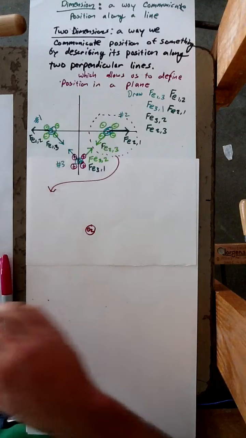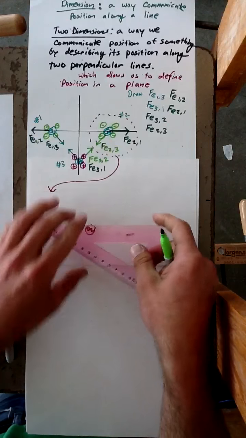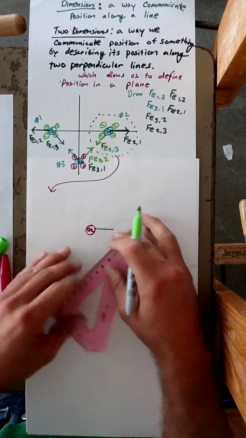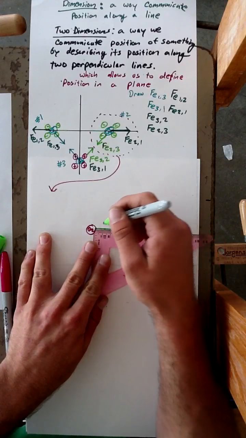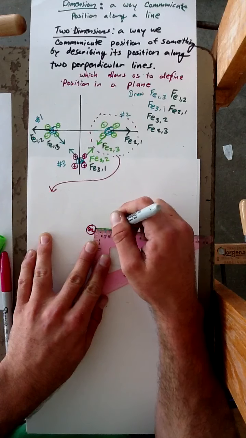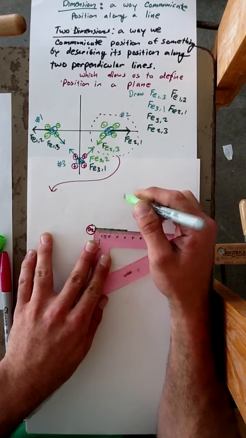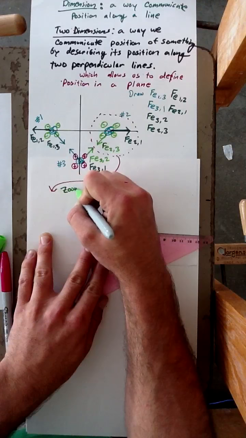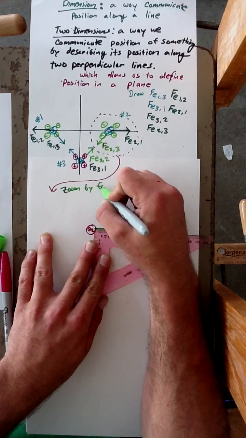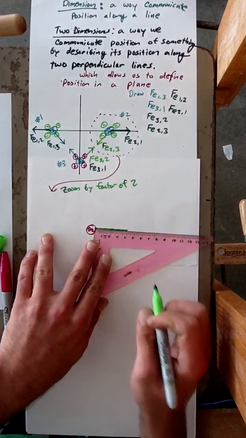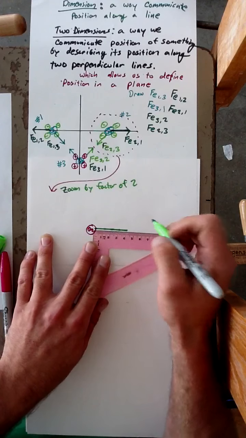And we know we've got forces acting on it. I'm going to zoom in a little bit. So these are going to be 4. I'm going to double the length of them right now. Zoom by a factor of 2. So everything that was 1 centimeter before is now 2.